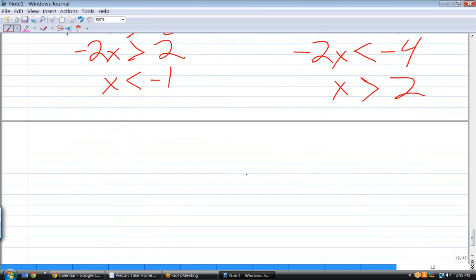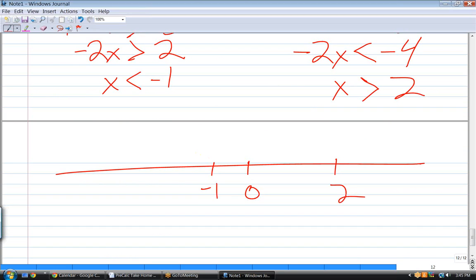Now notice what this answer is. On the number line, if that's 0, that's minus 1, and that's 2. This is a case where it is, and it's like that. So what would the interval notation for this answer be? And remember, I got to start with negative infinity.